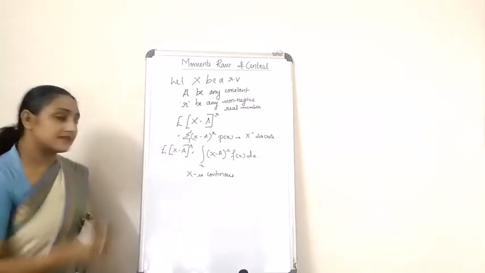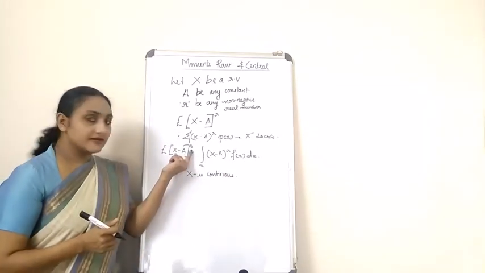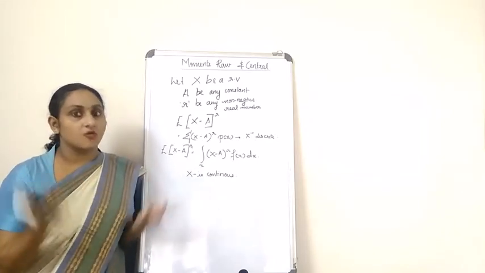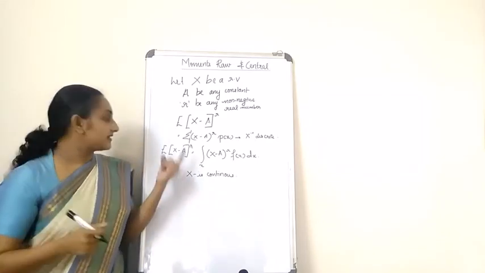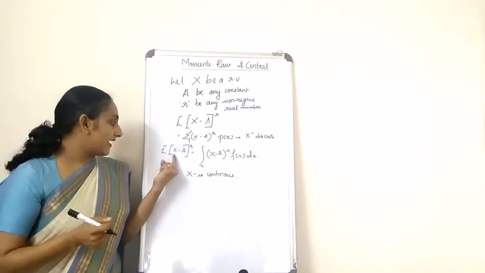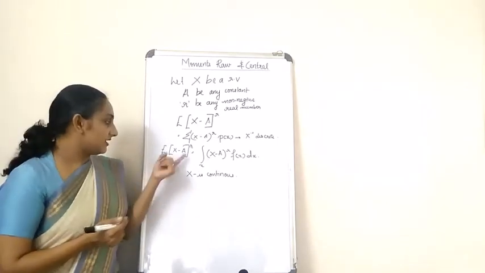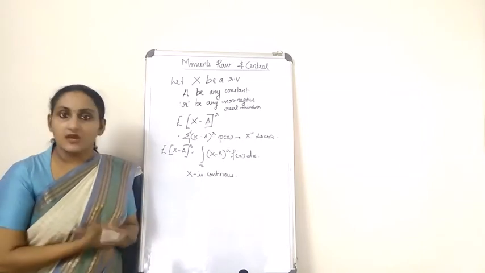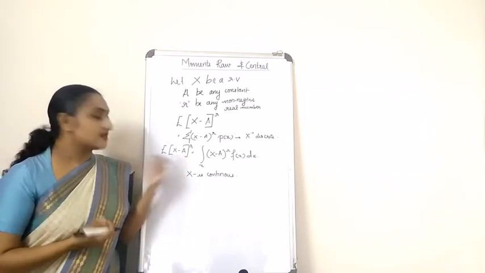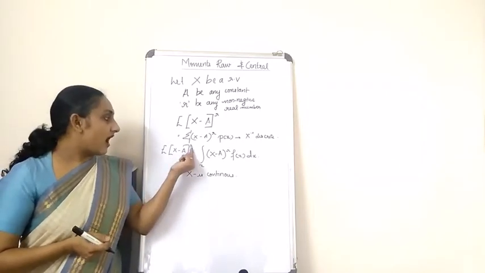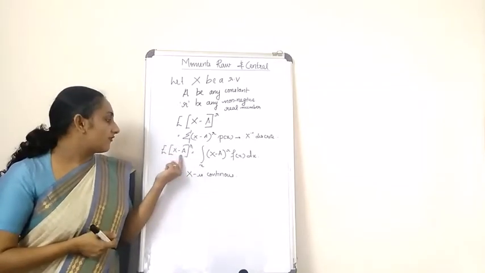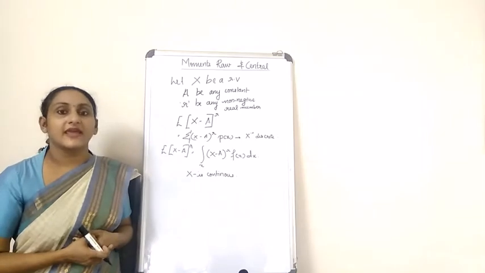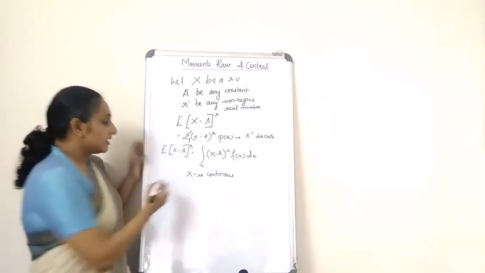Now this is nothing but the rth moment. I'm not defining any central or raw moment right now. It is the rth moment of x about the origin a, and a can be any constant.